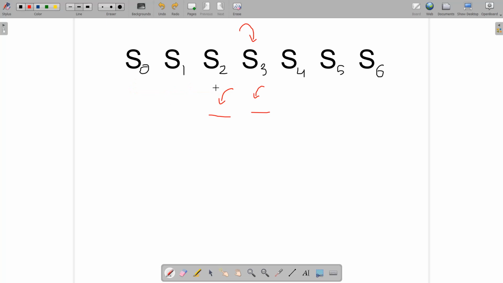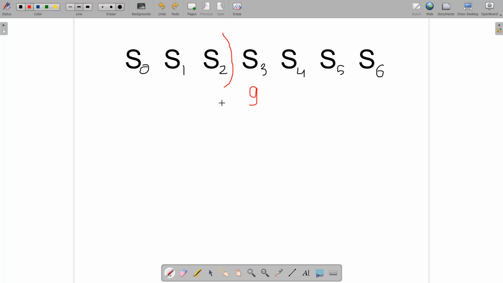Now, to answer this, let's take an example: suppose S3 is 9. If S3 is 9, we cannot have 29 over here, so there must be a partition. If there is a partition, you need to know the number of ways to decode the substring from S0 to S2.